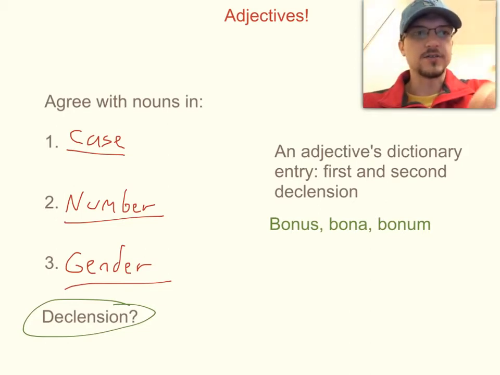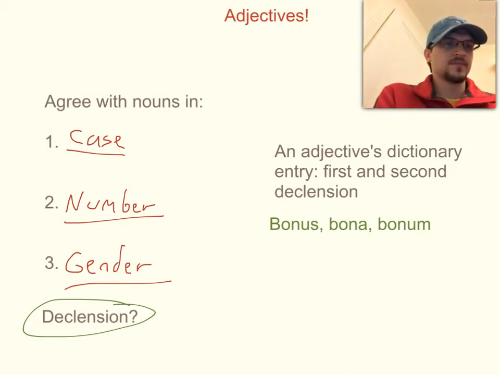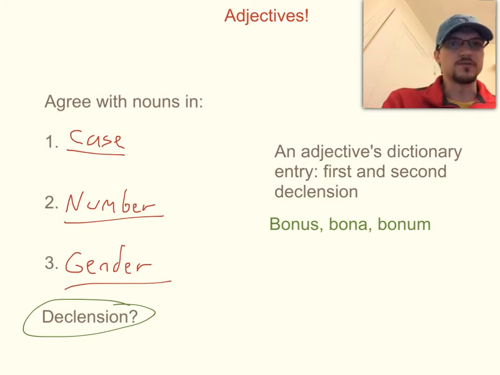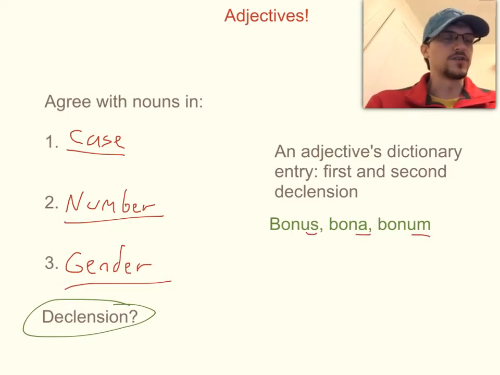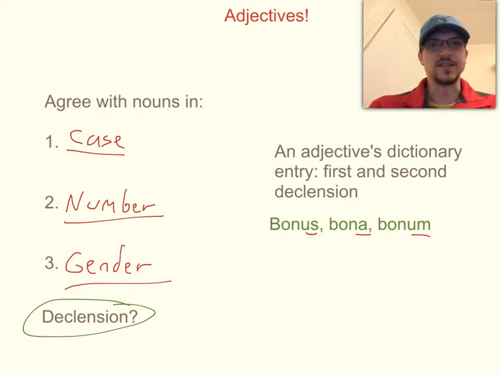The dictionary entry of an adjective, much like bonus here, which is a good example, this kind of category with the us endings, have first and second declension endings based on the gender.